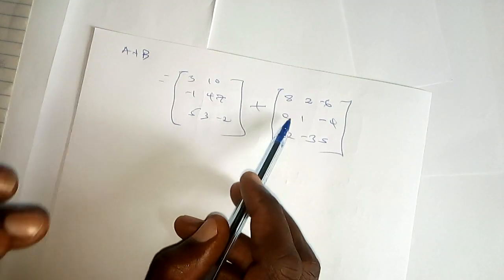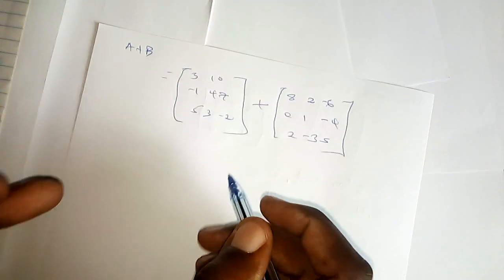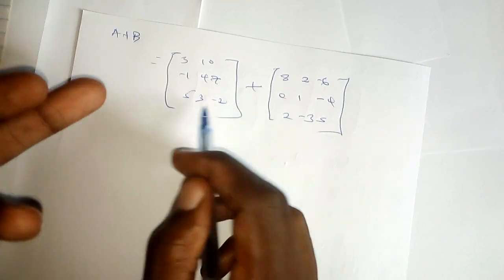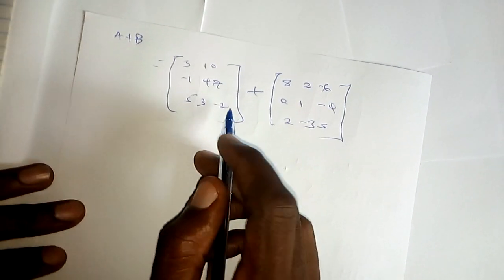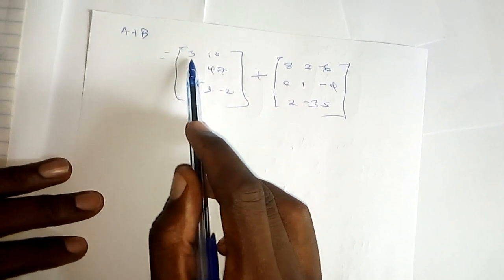Because they are of the same order, a 3 by 3 matrix, it means you will add these elements.